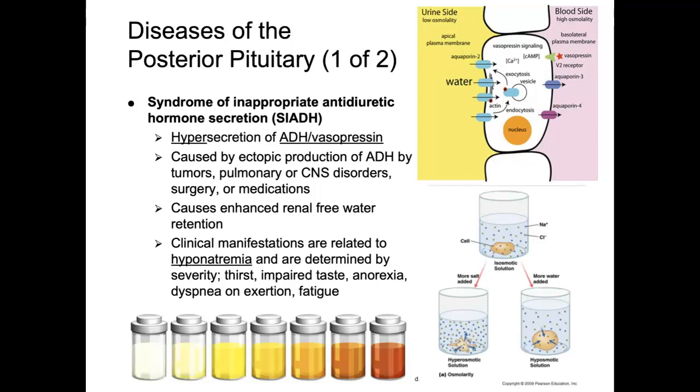Now, the way to treat this is to correct the underlying problem or cause of it. We also want to restrict fluids and carefully monitor their sodium status and look for any neurological symptoms. We can also give them Vaptans, which are vasopressin receptor antagonists.